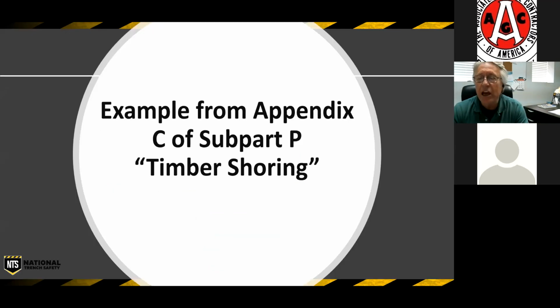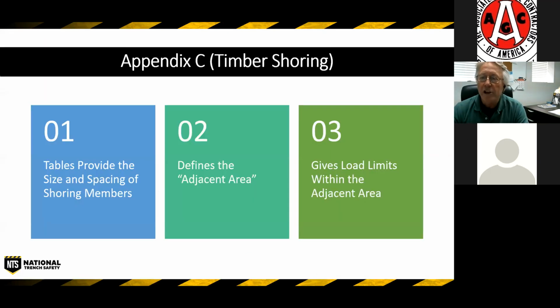We're going to take an example from Appendix C of Subpart P, timber shoring. And if you're not familiar with Appendix C, it has some tables and charts that will specify both the size and the spacing of the wood shoring members. It's also in Appendix C that we get the definition of the adjacent area.